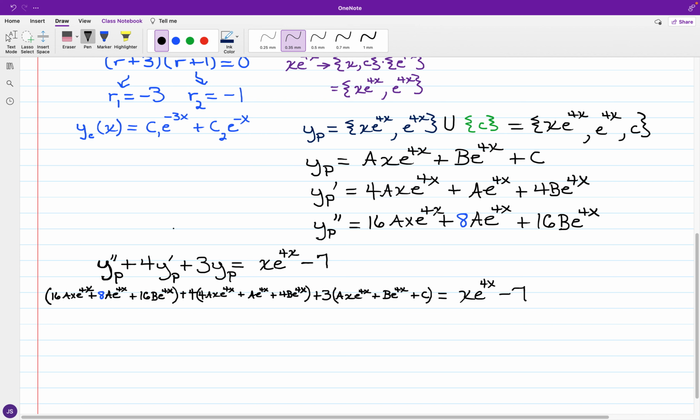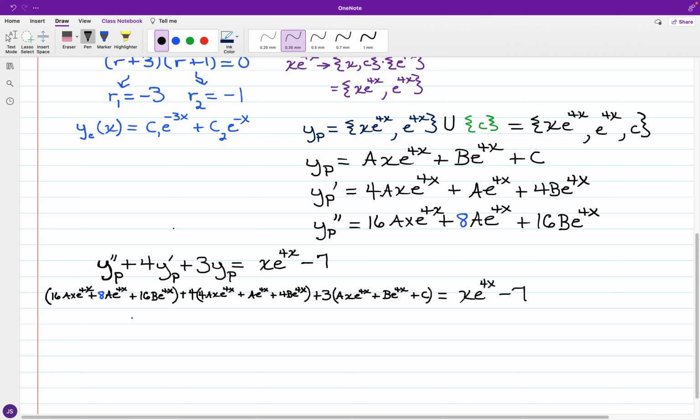I forgot to write down the x, but it's going to be 16axe to the 4x plus 8ae to the 4x plus 16be to the 4x. And again, we have this set equal to x times e to the 4x minus 7.